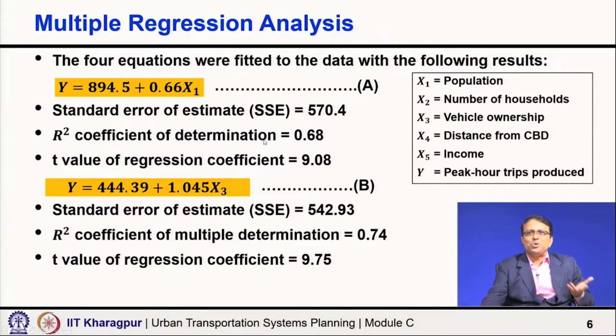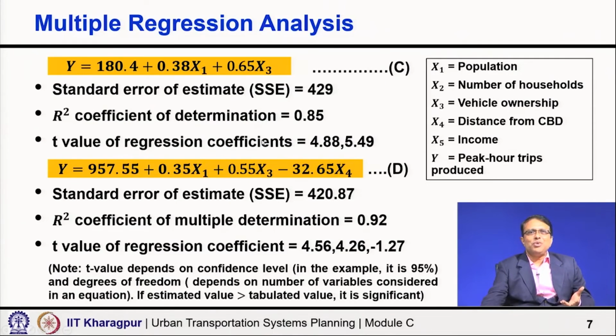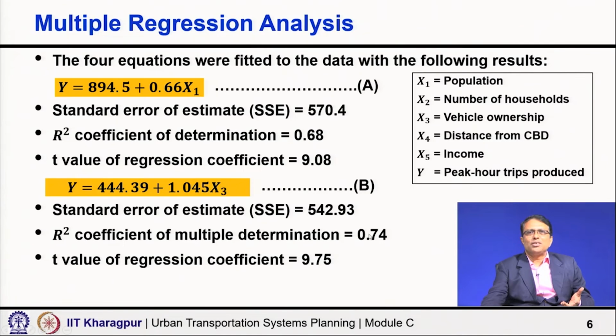So, the model is not good, and the R square is reflecting that. If I have a model with 0.85 or 0.74, and then one with a higher unexplained component and a lower R square value, why should I accept A? So, obviously, A gets eliminated.